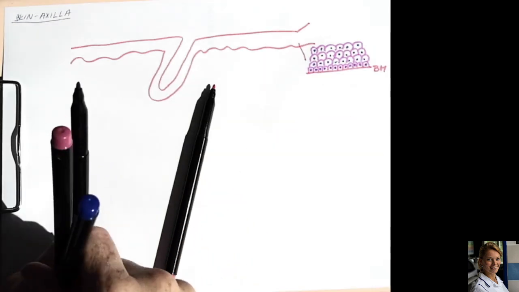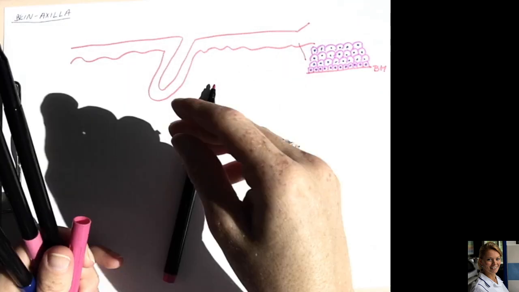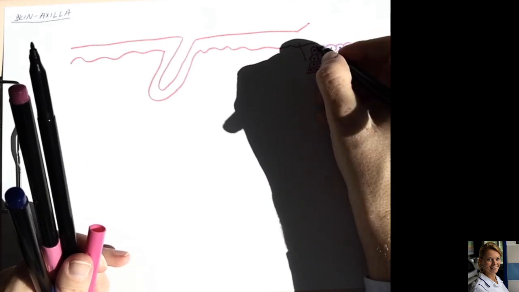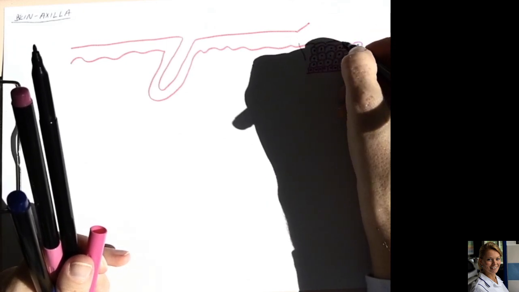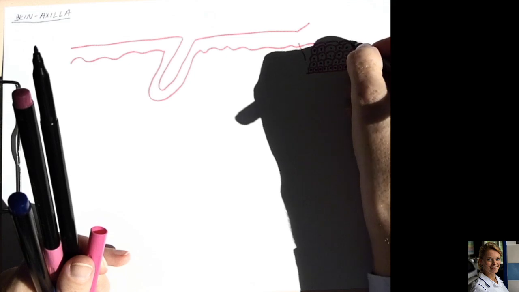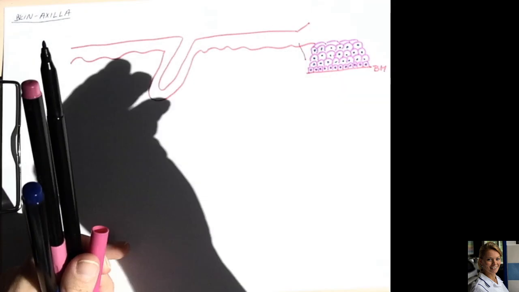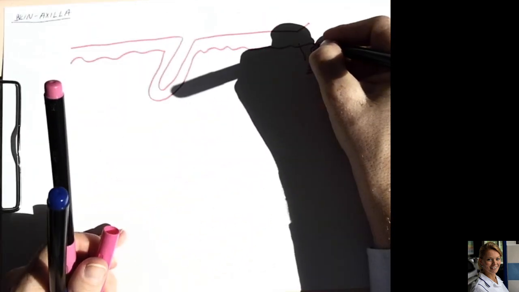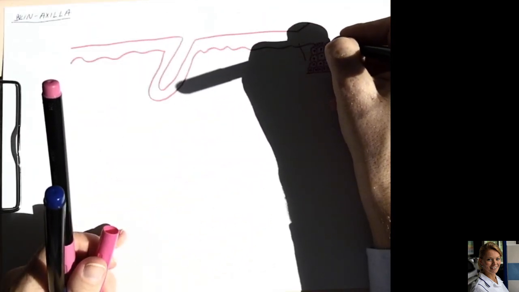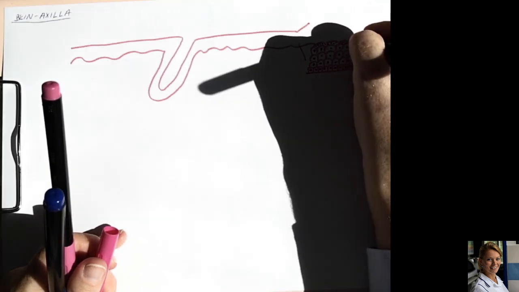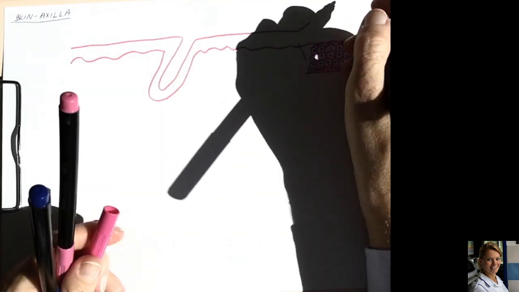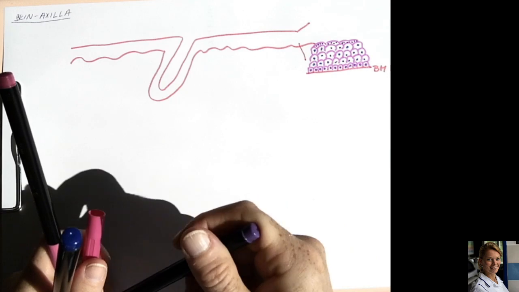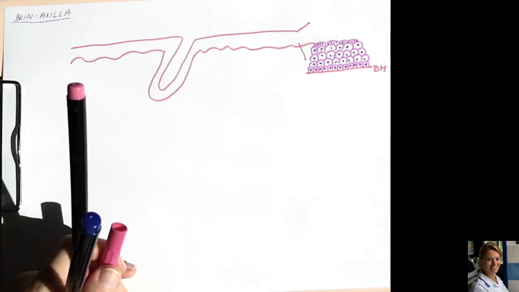The next layer, called stratum granulosum, contains flattened cells with basophilic granules of keratohyalin in their cytoplasm. The nucleus and other organelles disintegrated.